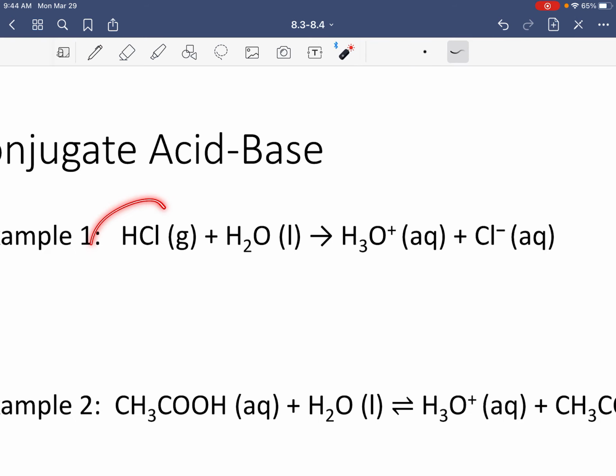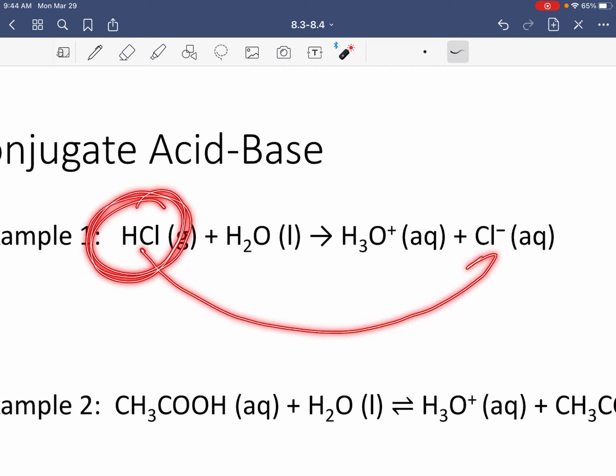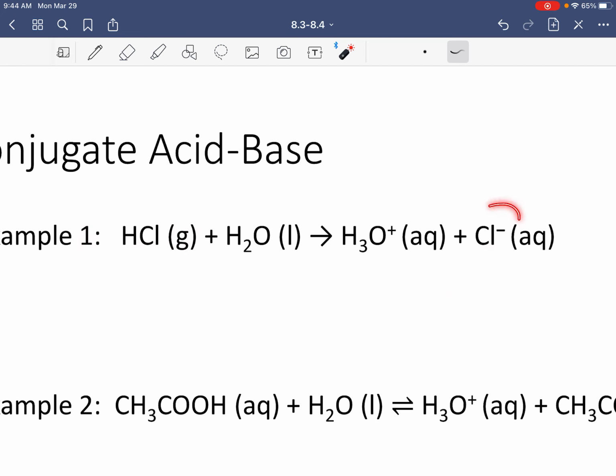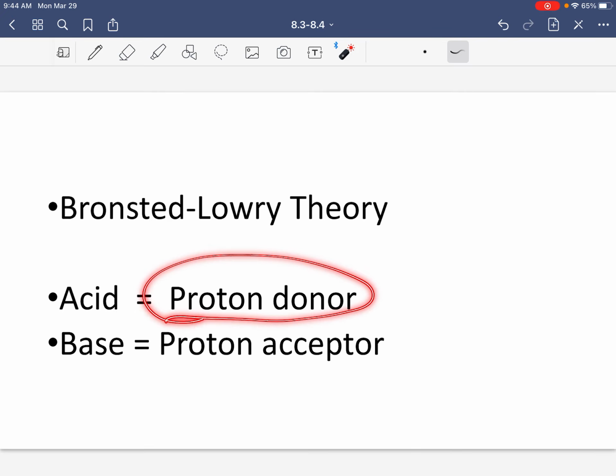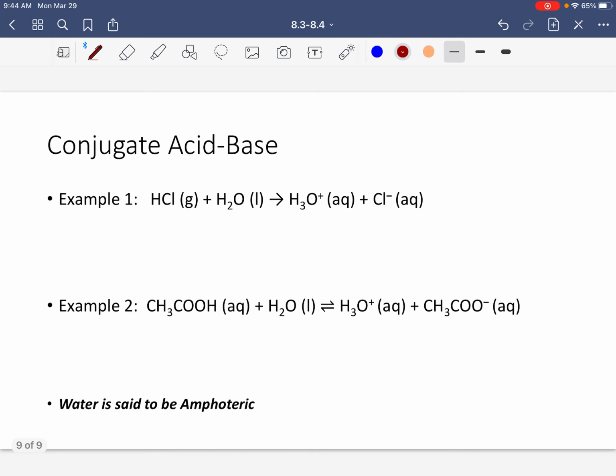If you take a look at HCl, HCl becomes Cl minus. So how did it do that? Well, it lost a hydrogen. It donated a hydrogen to become that. Hey, what did we say here? Proton donor is an acid. So HCl is an acid. Let's call it A.